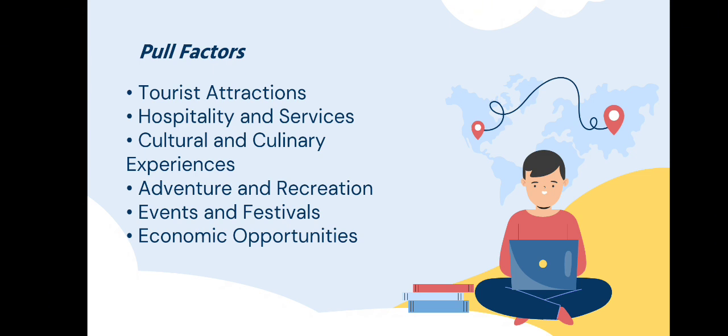Example: Ella is excited about visiting New Zealand for its reputation as an adventure enthusiast's paradise. She looks forward to bungee jumping in Queenstown, hiking the stunning trails, and exploring the breathtaking landscapes.